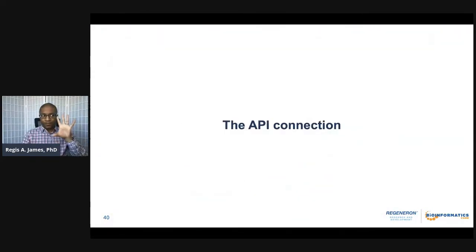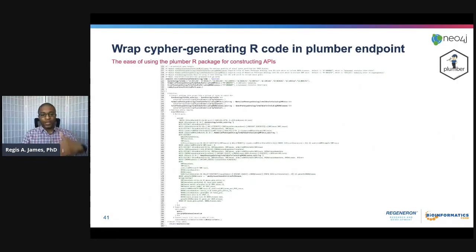Now, keeping that thought in mind, this is where the API comes in, because those 37 lines can now be encapsulated within an R function. And the R function can receive parameters that inject, so you can see here and here and here, in different parts of the Cypher query, the inputs for the function can be used to populate and tweak how the question is asked of the data inside of the graph database.